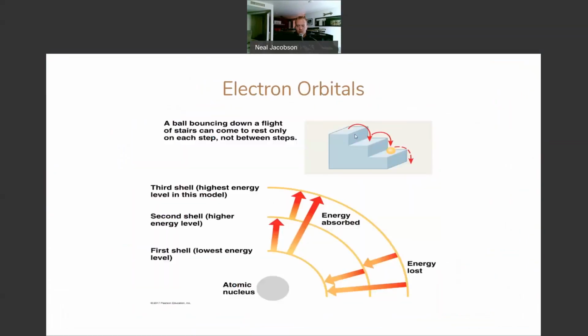Okay. So what's interesting about electrons is that they can actually gain energy from their environment. So if we're looking here, we've got the nucleus of an atom, you've got your first period, second period, third period. If an electron gains energy, like if it absorbs energy, say you put something out in the sun, it gets warm. Well, that's because the sunlight is being absorbed by the electrons in the material of that object that's in the sun.